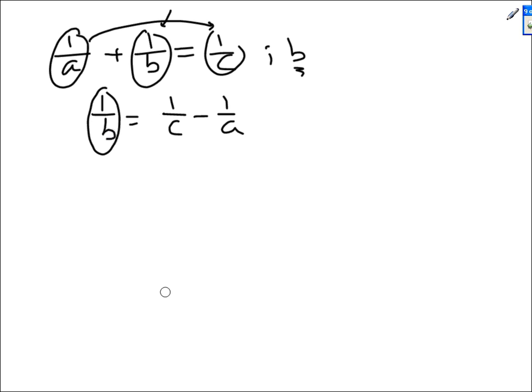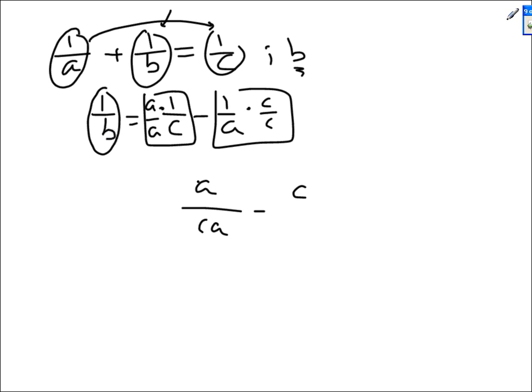The LCD would be C times A. I need to multiply the first fraction by A over A. Then I'll have CA in the bottom. And the second fraction by C over C, which is 1. Okay, so the first fraction is A over CA, or AC, minus the second fraction will be 1 times C over CA.